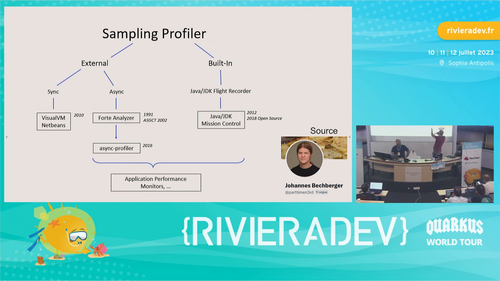While the built-in ones, for example, are JFR or the so-called JDK Mission Control that has recently been made open source, they rely internally on something very similar to this.